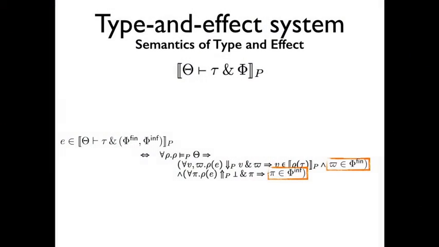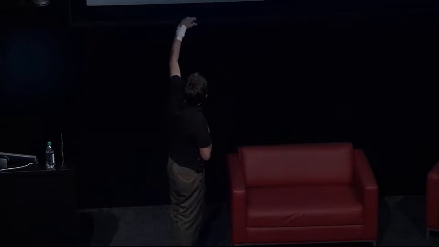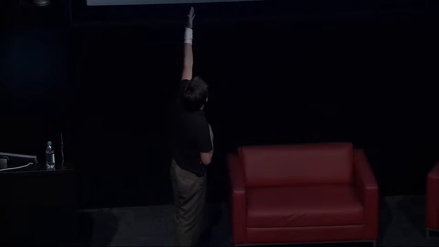So in order to set up the oracle appropriately and prove soundness, what we had to do is write down a semantics of type and effect, which is this definition here. It says that an expression E is in the semantics of type tau and effect pair. It's not surprising.